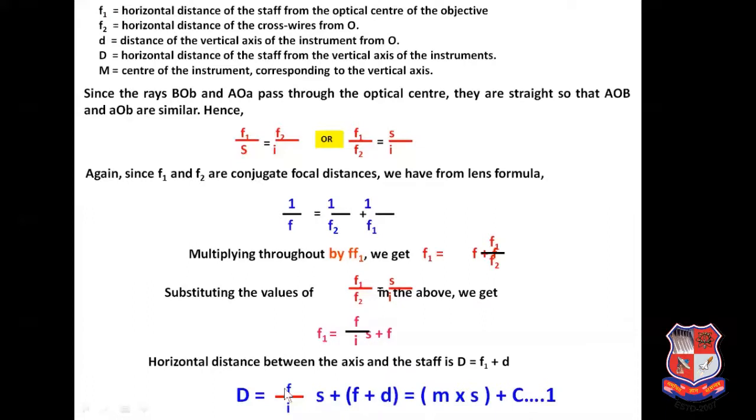So f upon I is my multiplying constant, that is equal to small m. So small m into S plus f plus d, which is my additive constant, is denoted by capital C. So my final equation to calculate the distance between the instrument station and the object when the line of sight is horizontal and staff is vertical is given as D is equal to M into S plus C, in which M is the multiplying constant, S means staff intercept, and C is the additive constant.